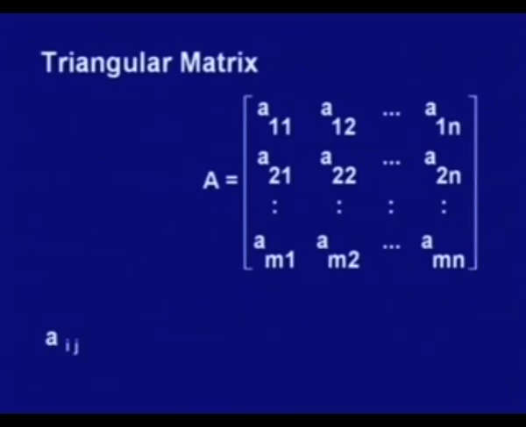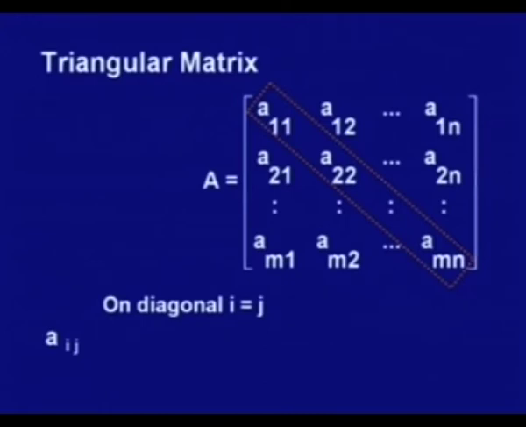Now, for triangular matrices, I consider a square matrix A of size n by n. In this square matrix, one may observe that the elements which appear on the diagonal all have row index equal to column index, like the elements which I have shown in this box.